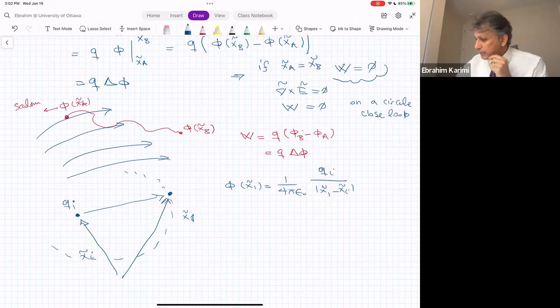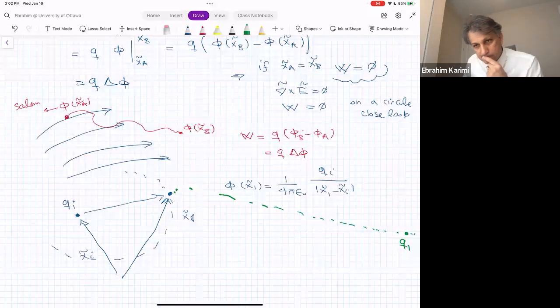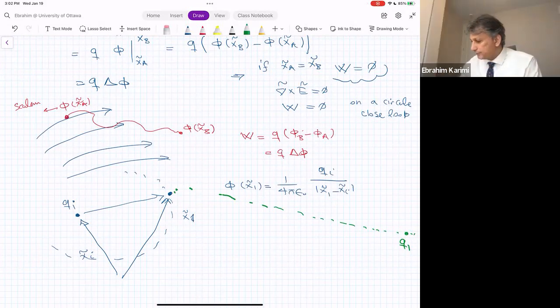Now I will take another charge, which is Q1, from infinity, and I will bring it here. What is the work that I have to do? What is the potential at infinity? Zero. I will bring it to this place. What is the potential here?